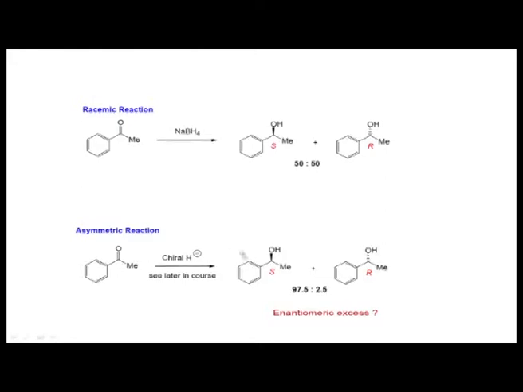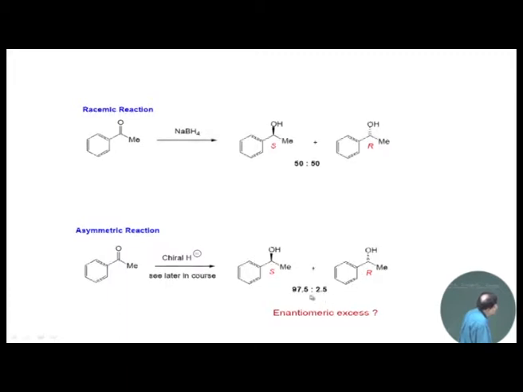So, the actual result is, when it is used, it is not said which chiral boron agent is used, but a chiral hydride transfer agent is used, and you can get these two alcohols in unequal amounts. The experiment that was done here was that the S compound was obtained in 97.5% and 2.5% is the R compound. So, now you know what is enantiomeric excess.